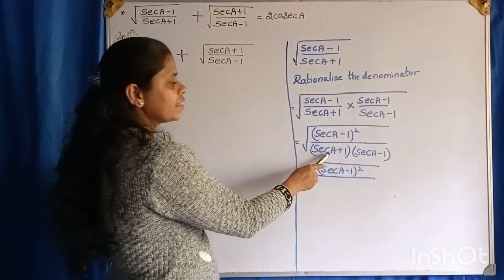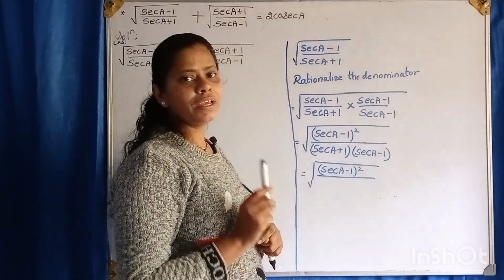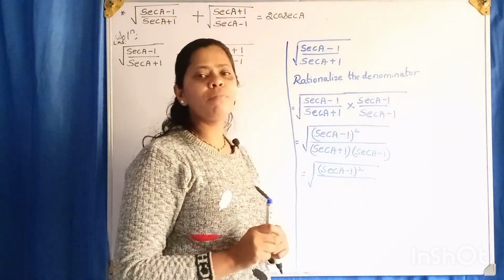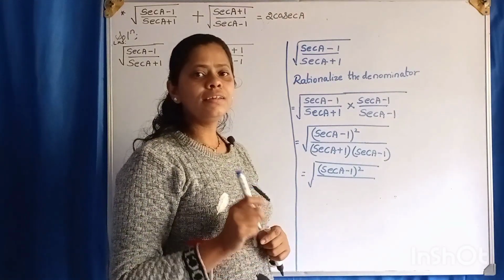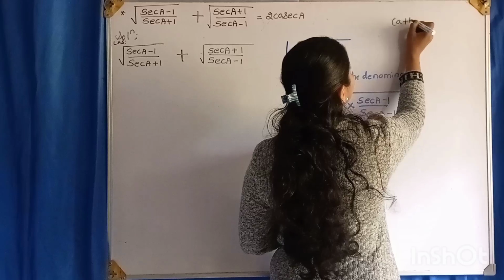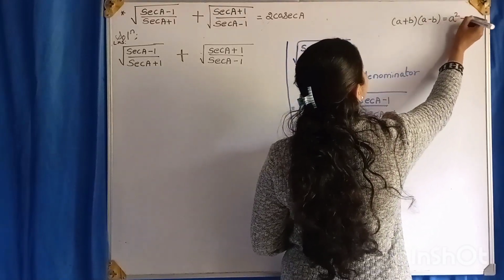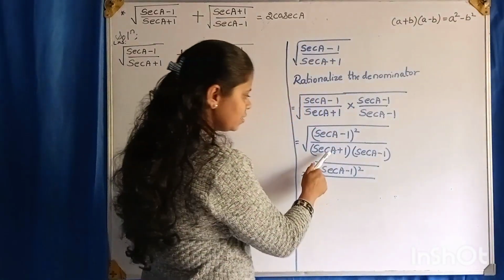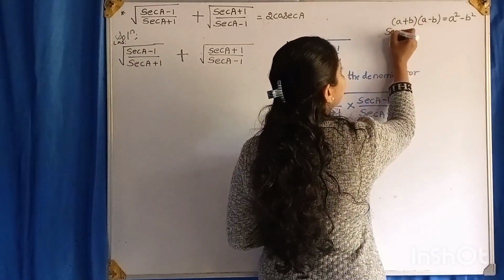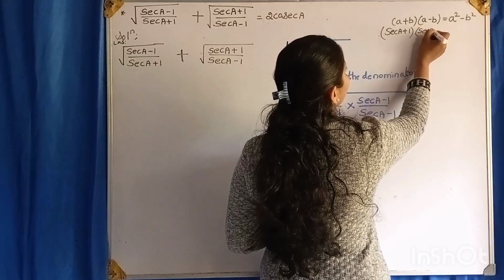Now look at this, secant a plus 1 into secant a minus 1. It is in the form of a plus b into a minus b, and we know the formula: a plus b into a minus b is a square minus b square.